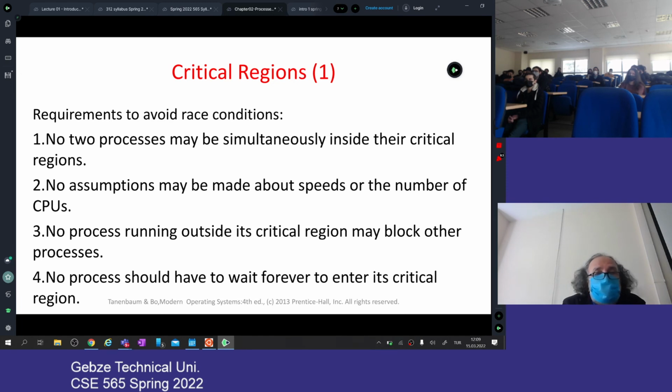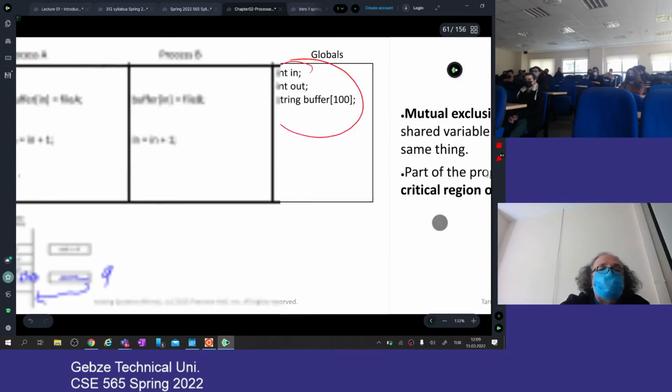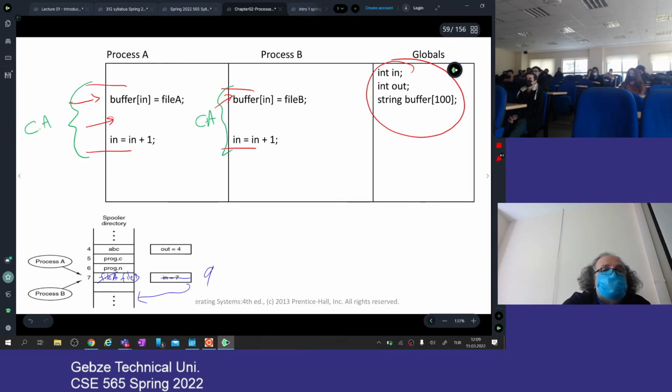Number two is that no assumptions may be made about the speeds or the number of CPUs. You cannot say that my CPU is so fast, this is just 2 lines of code, it will run through this region in a matter of microseconds, and I am not expecting any switching to other processes while I am doing this.